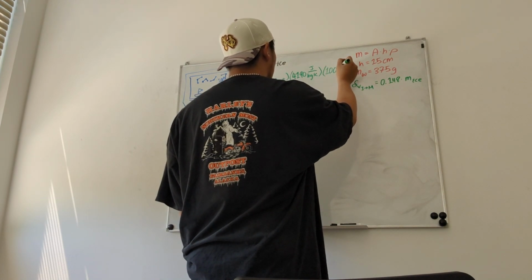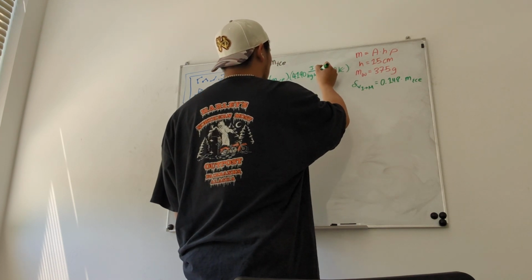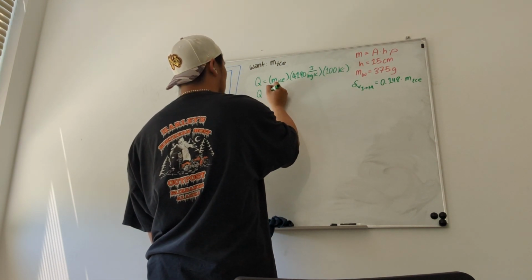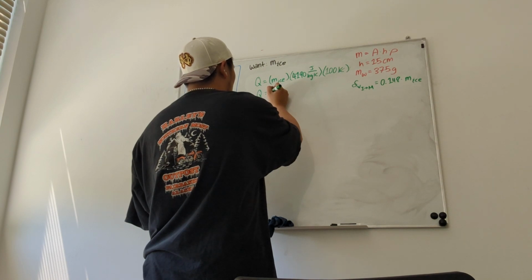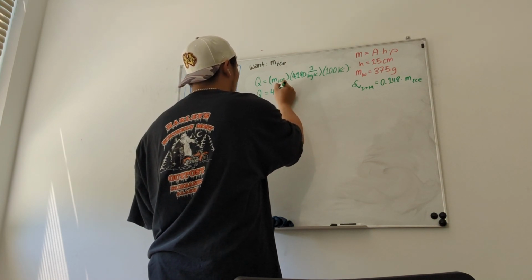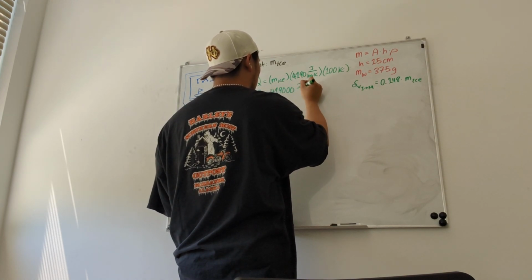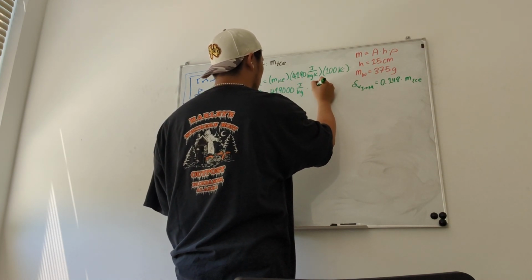Because converting from Celsius to Kelvin is 1 to 1, we're just going to put Kelvin there to cancel our units. What we're left with is the energy to go from the middle to the final stage would be 419,000 joules per kilogram times the mass of ice.